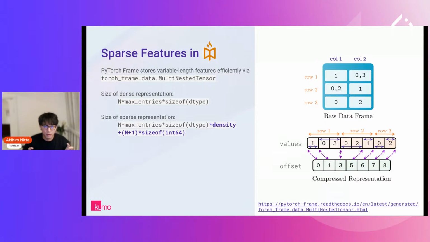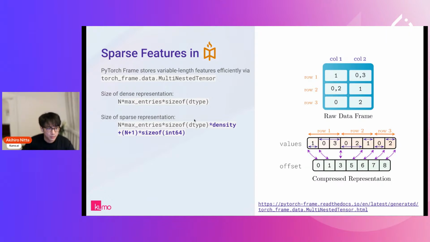When you store these varying length features in a dense tensor, the size of the tensor will be N by max entries. N is the number of cells, in this case 6, and max entries would be, in this case, 4, 0, 1, 0, 1, 2, and 3, so max entries would be 4. And the dtype, in this case, these values are all integers, so it might be int64.